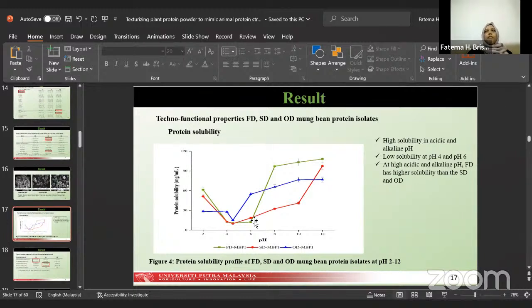Now, it's a key indicator to know how much the protein has undergone changes. So at the beginning, for our raw sample, we use this protein solubility, and we are going to do it after we produce our sample in order to see how much structural change has occurred. If there is a change in the solubility, that means there is a change in the structural organization of the protein.